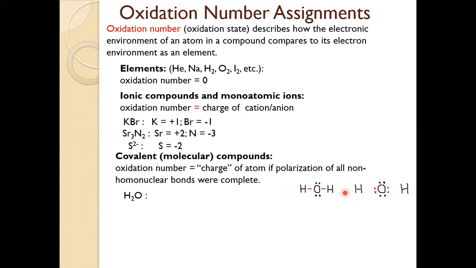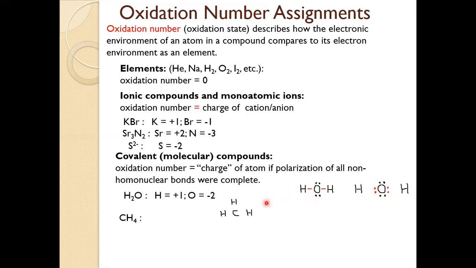Whereas oxygen normally has 6 valence electrons, but in this picture, because it's able to claim ownership of both shared pairs as well as its 2 lone pairs, it has a total of 8 valence electrons. It normally has 6, it now has 8. It has 2 more valence electrons than it normally would have. As a result, its oxidation number, its so-called charge, would be -2.